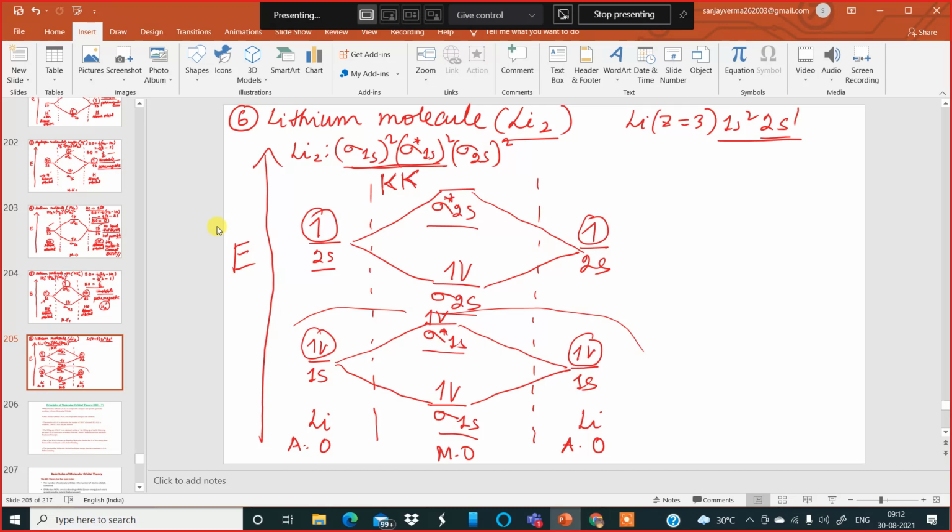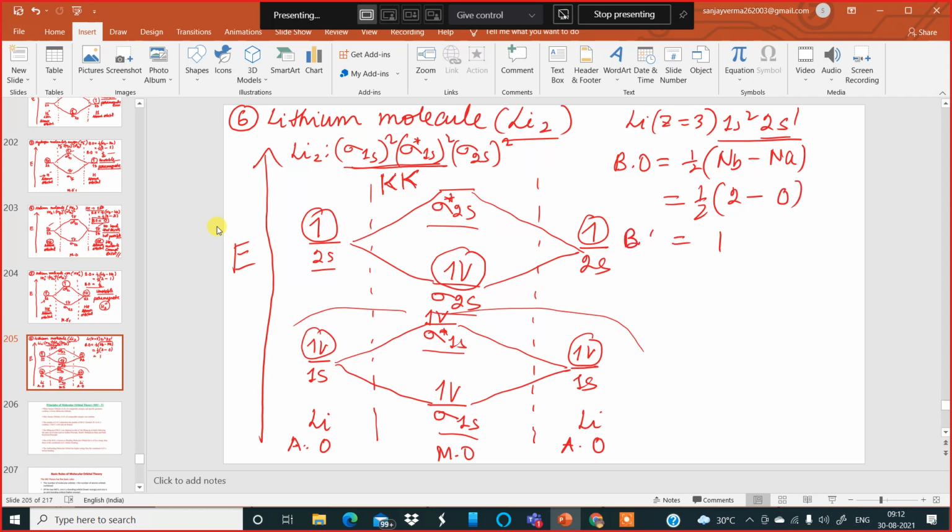Now we can work out the bond order. Bond order is equal to half Nb minus Na. For the lithium molecule, the number of bonding electrons, just take this one only, not the closed shell, so half of 2 minus anti-bonding 0 comes to 1.